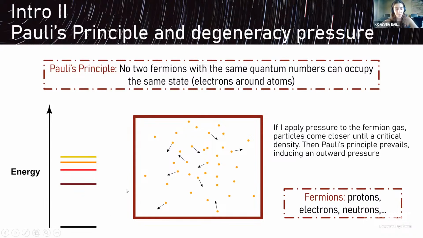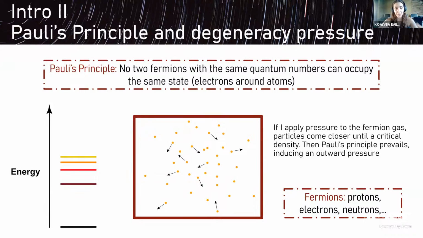So if you can imagine, we had a gas of fermions, so many fermions, and we put them inside a box and we contained them. And we started squeezing this box, so applying pressure and minimizing the volume of this gas. What would happen is that it would reach a critical density, and then Pauli's principle would prevail.